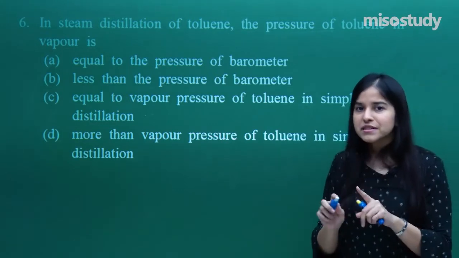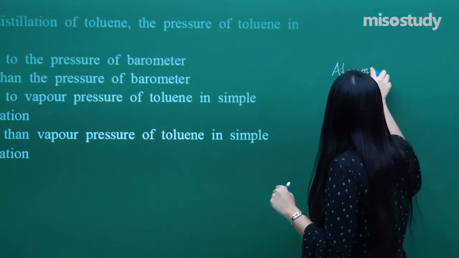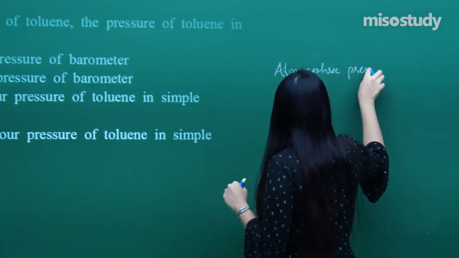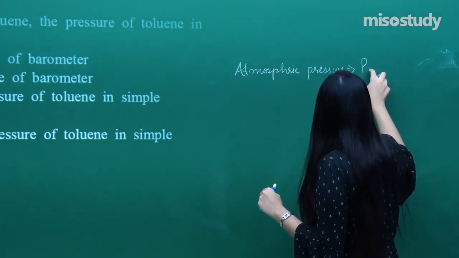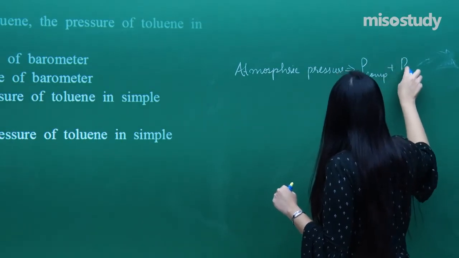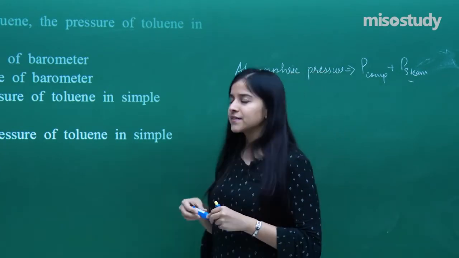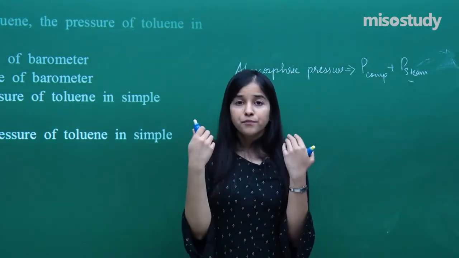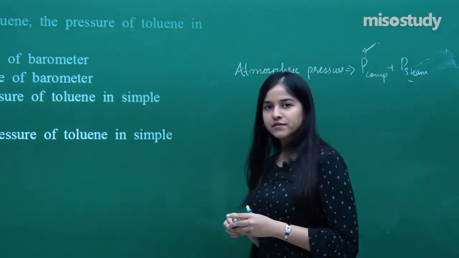So what happens in steam distillation is, the atmospheric pressure is equal to pressure of compound which we have taken plus pressure of steam, right? That means what steam distillation does is, it lowers the boiling point, it lowers the vaporizing point of the compound which has been taken in the vessel.